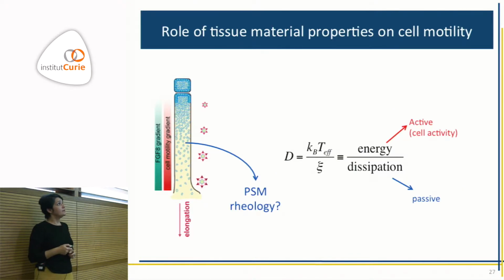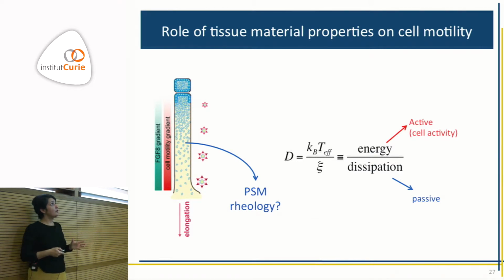Okay, so that was for the active part, which we tried to model. But then, as many of you already asked, what happens to the rheological properties of the tissue? Because ad hoc we put in a constant viscosity, but maybe that's not the case.